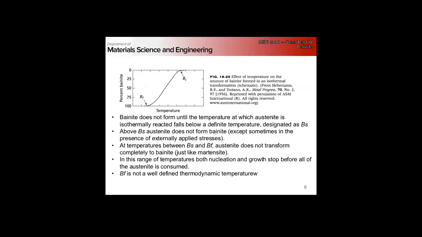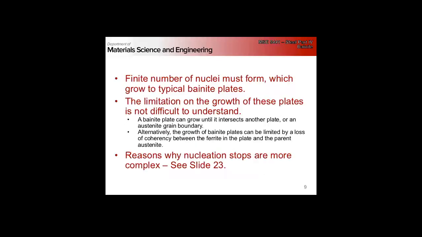So we're in an unstable austenite regime, but we still have a reaction that's not going to completion. So the reason growth stops isn't too difficult to understand, right?